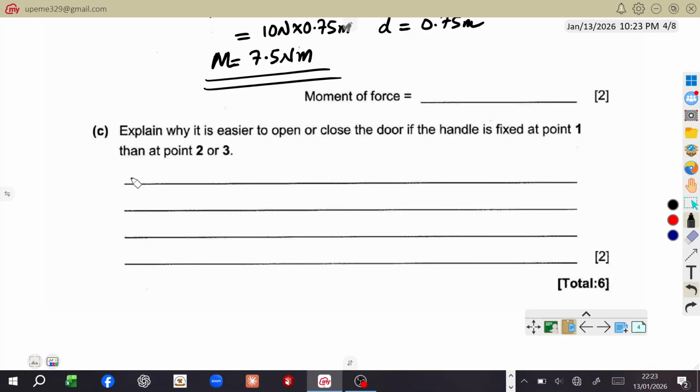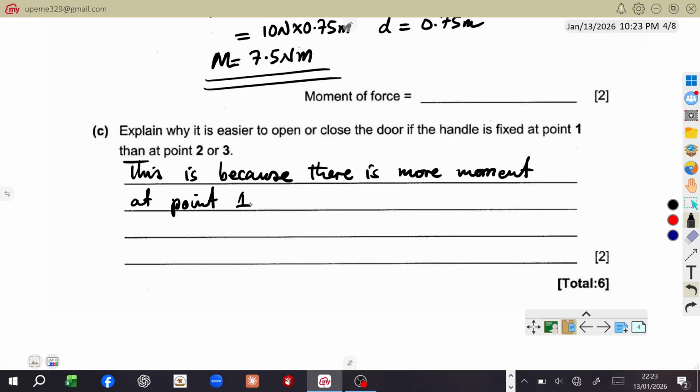So you say this is because there is more moment at point 1 than at 2 or 3.